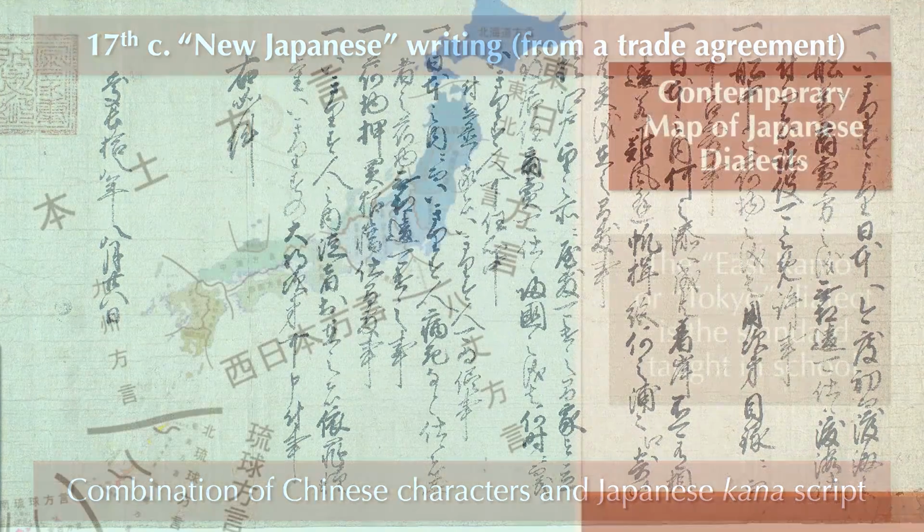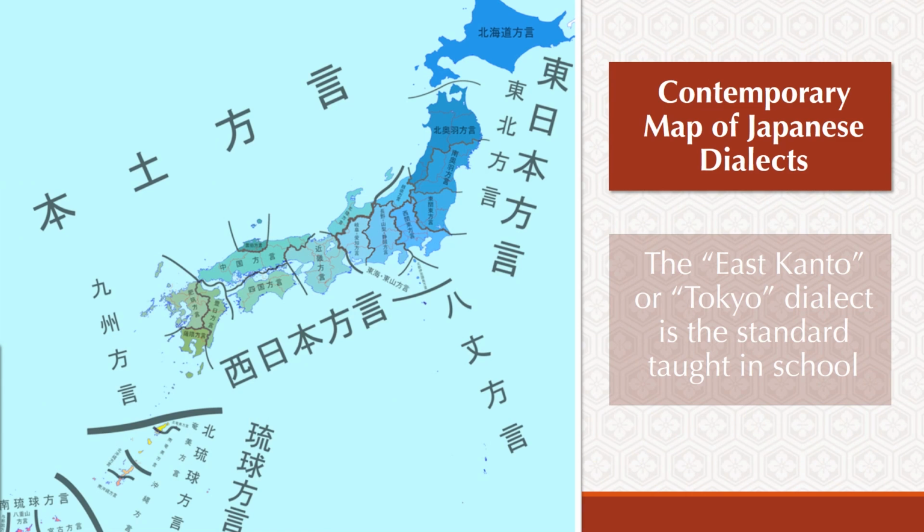And indeed, the forms of those dialects that have survived up to present times can be so different in sound that a speaker of the standard dialect might not even be able to understand them. However, that standard dialect, the one used in Tokyo and taught in school across Japan, can be understood by all Japanese, so there are no general communication barriers.